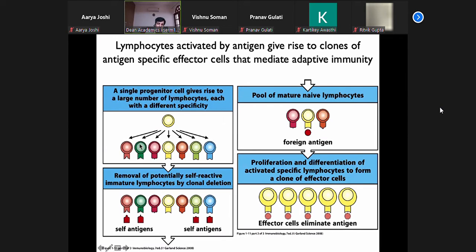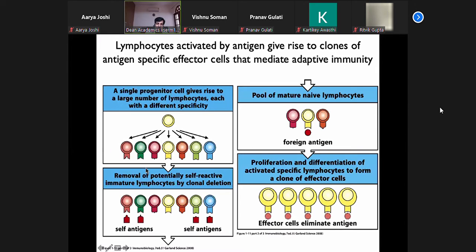This ensures all these specificities are there. They have already been generated, and they are generated in a very random fashion. Now, if these are randomly selected, it is quite possible that some of these clones might react to your own antigen, right? And that is taken care of during this process.